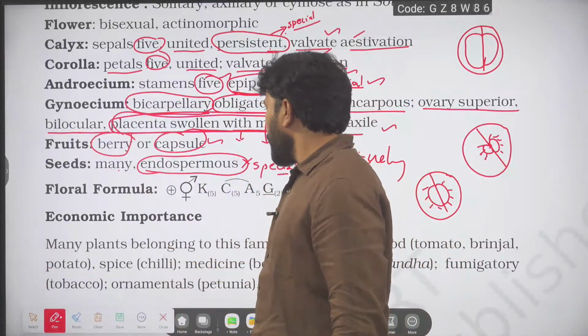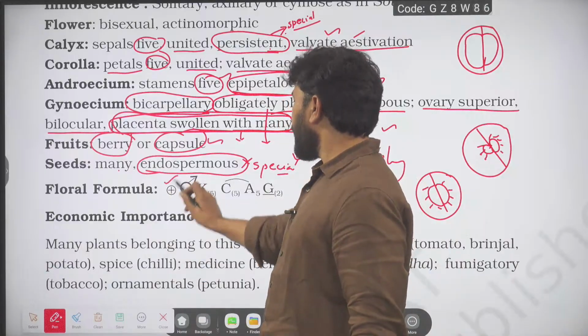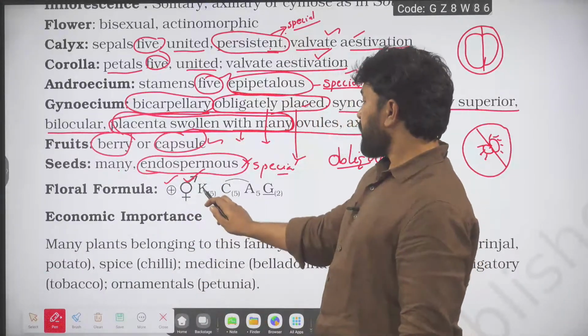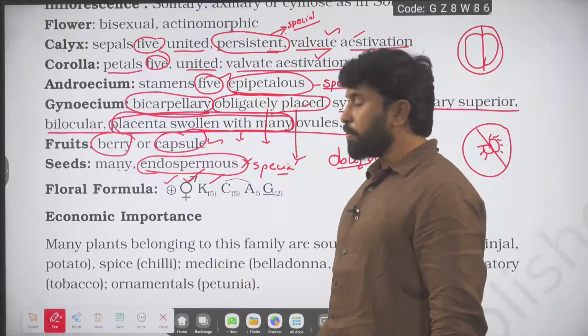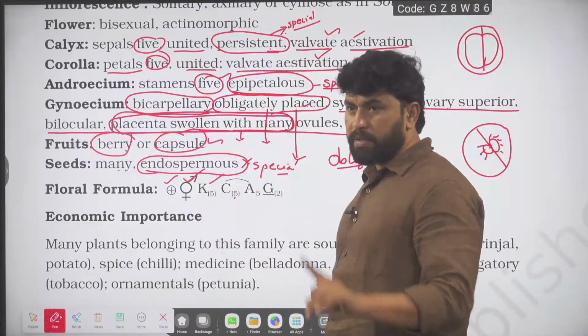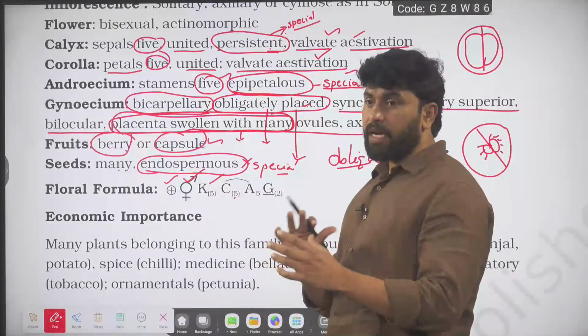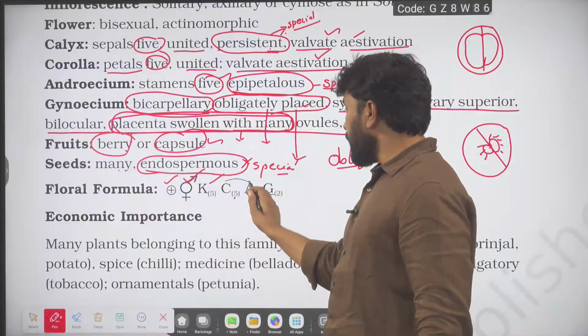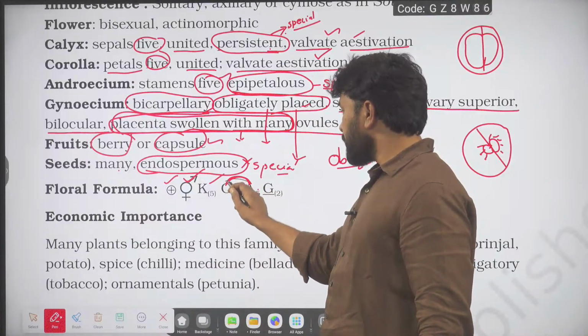Next one. Floral formula, check it there. Actinomorphic flowers, bisexual flowers, sepals are 5, kept under the parenthesis. Petals are 5, kept under the parenthesis, that means they are gamopetalous. Here stamens are 5, but the stamens are attached to petals.